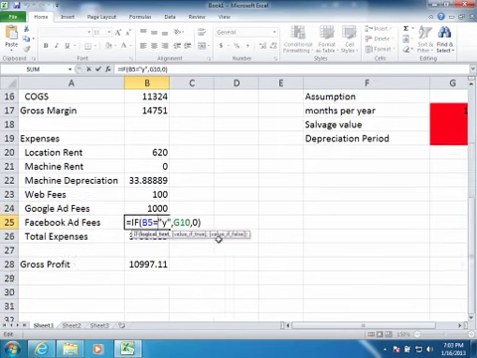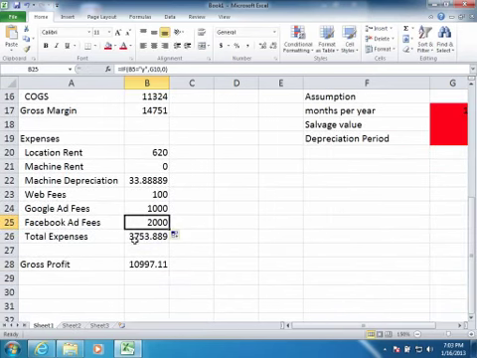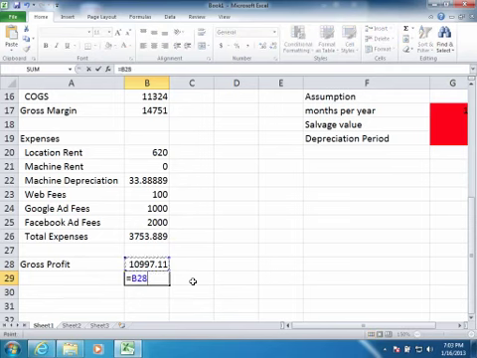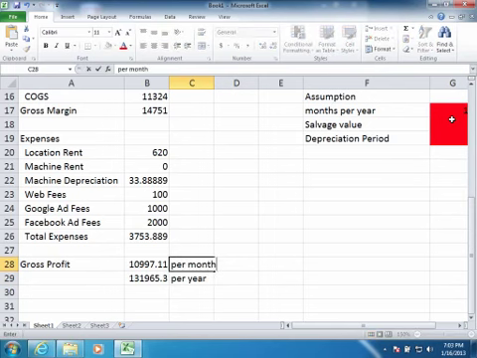And this one is already set up. If Facebook Ads is Y, then Facebook Ads is 2,000, otherwise 0. We total the expenses. The difference between the gross margin and the total expenses gives us our gross profit. If we take that and multiply it times the number of months per year, we get how much gross profit she'll make in a year versus how much gross profit she'll make in a month. And that's how we solve the Lisa's Pencils case.